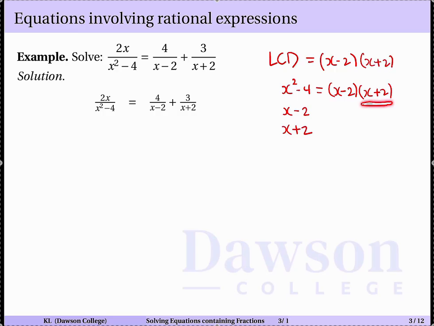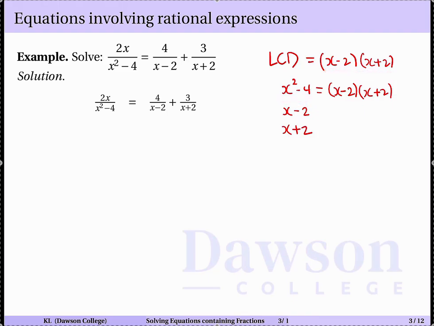And here, power of x plus 2 is 1. Here, power of x plus 2 is 0 because it does not appear there. Here, the power of x plus 2 is also 1. So the highest power of x plus 2 is also 1. And there are no other factors left to consider, which means that the LCD for this equation here is x minus 2, x plus 2. But notice, x minus 2, x plus 2 is just x squared minus 4.